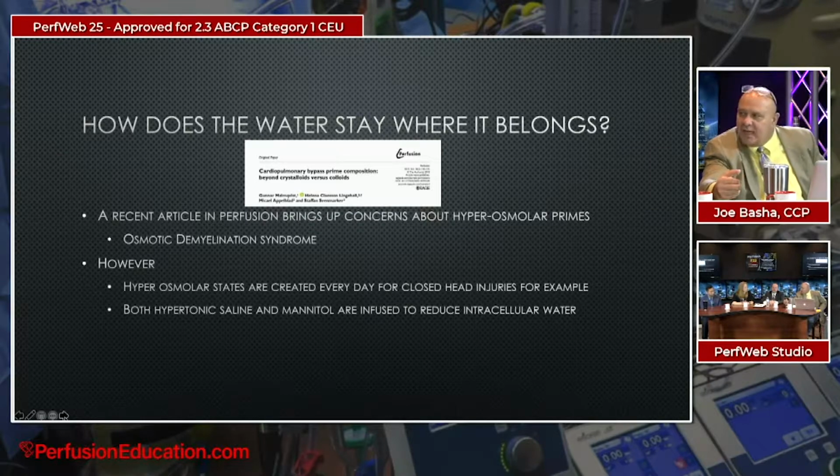In a closed head injury, you want to make the intracranial pressure as low as possible, so you give this in order to shrink the brain, basically all of the cells of the brain. Typically, demyelination syndrome occurs when you have a sodium below, I believe, 120, and you rapidly correct the sodium to get it back up to 138 or 140.